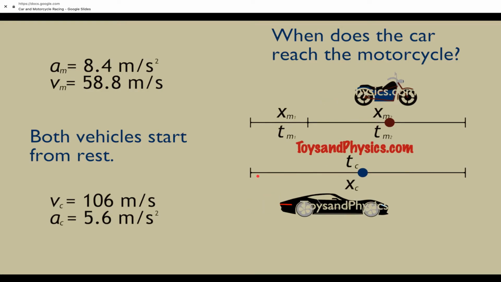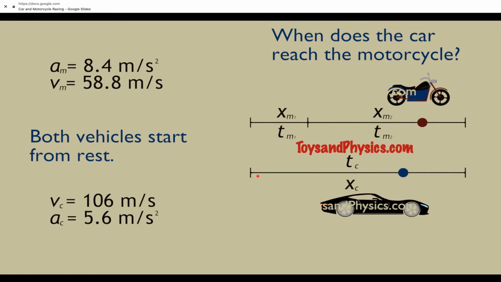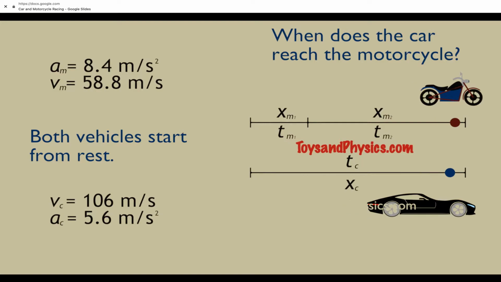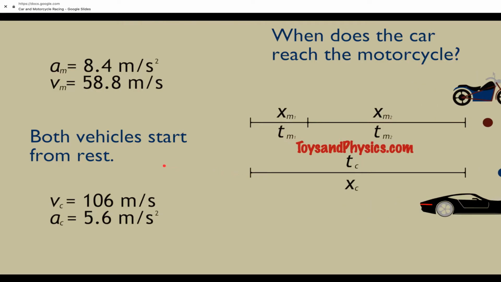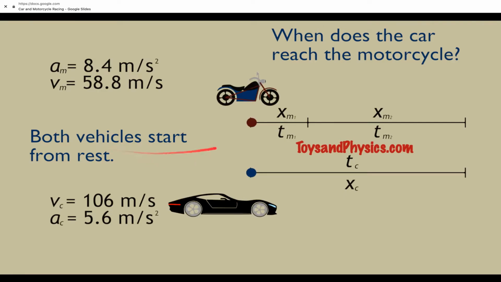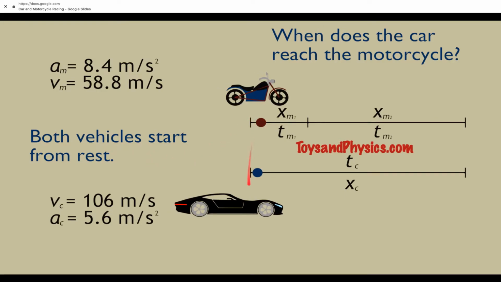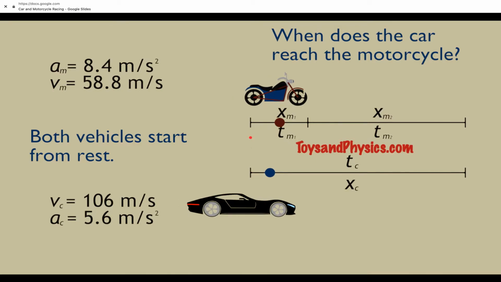That's pretty much everything that we are given. Of course, we also know that the initial velocity for both the car and the motorcycle is 0, and that they start from the same spot, right? So that's pretty much it.